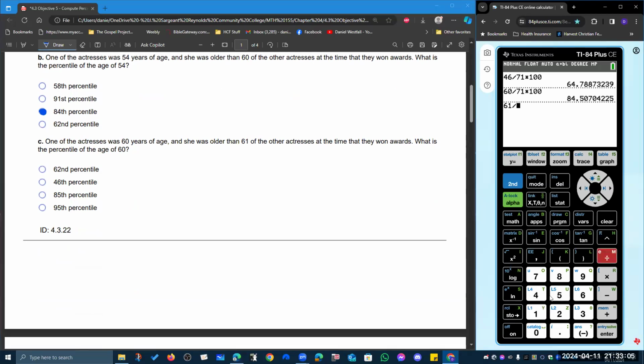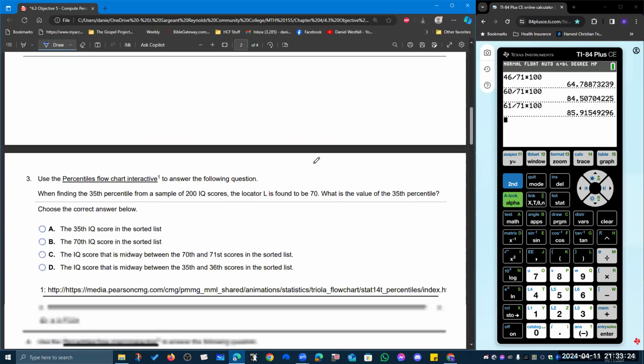So 61 divided by 71 times 100. And that's the 85th percentile. Almost 86th, but we can't say 86% was below that. We have to round down to 85% there.